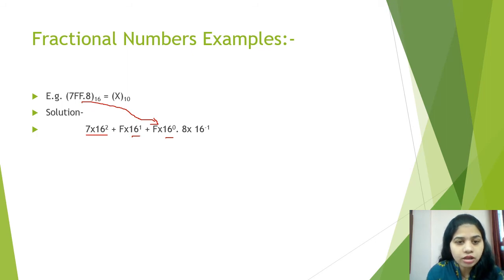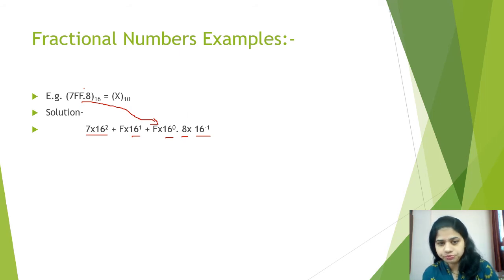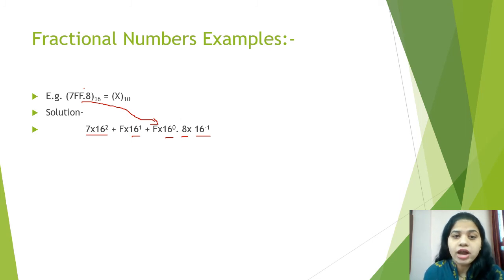Now the number coming after the decimal point is 8. We have to multiply that number with 16 to the power minus 1. And if there is another number, then it will be multiplied by 16 to the power minus 2, and so on. This is the simple procedure that we must consider while converting a fractional number into its equivalent decimal.